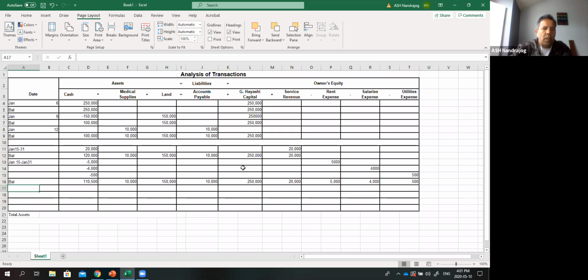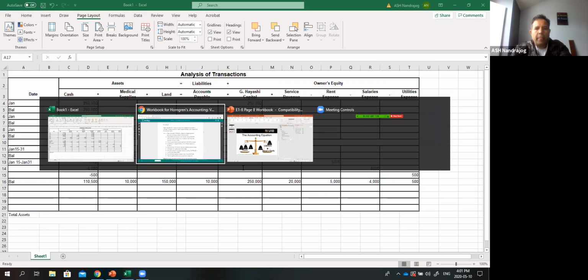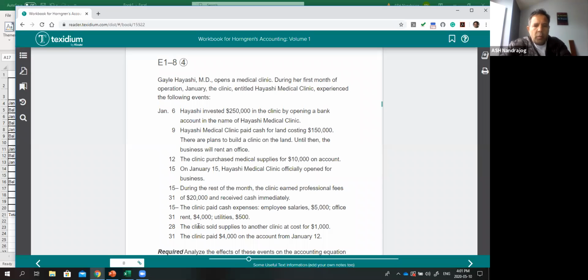Okay. Now let's read what is the next statement. On January 28th, the clinic sold supplies to another clinic at cost for $1,000. Now this is not normal. This is just a one-off situation in this business. They are not in the business of selling supplies.